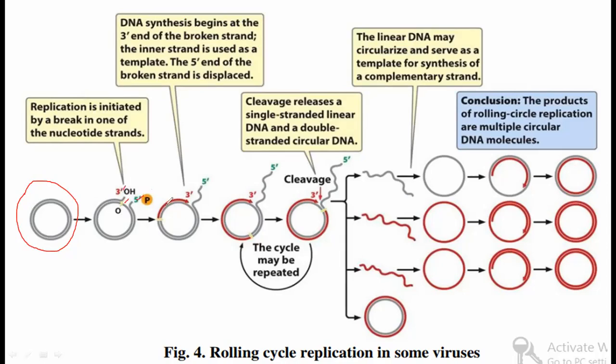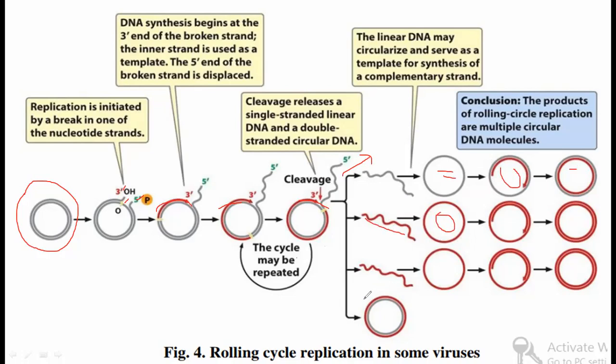And you know the synthesis of DNA will be at the 3' end and not at the 5' end. See, this goes like this, and this DNA 5' part is released as free in the nucleus. And once it is released as free, it becomes a template. It synthesizes its own DNA inside. This also synthesizes its own DNA inside. Here, the cycle may be repeated, but you have the two.